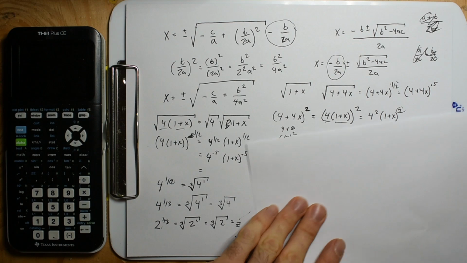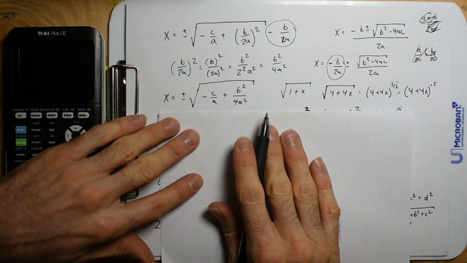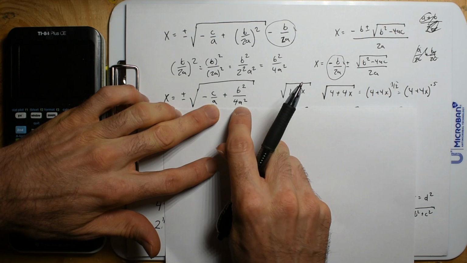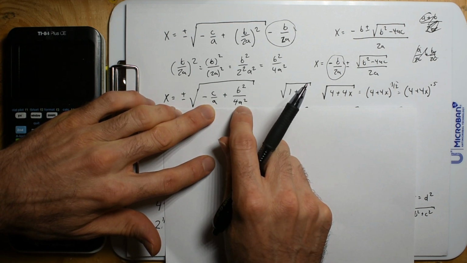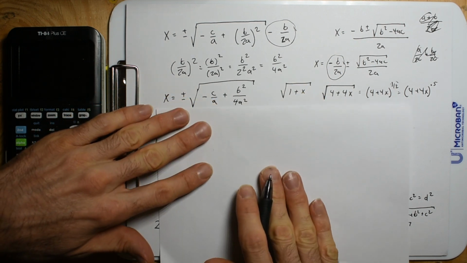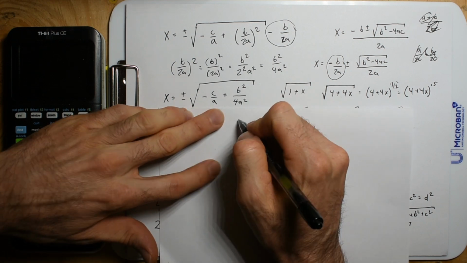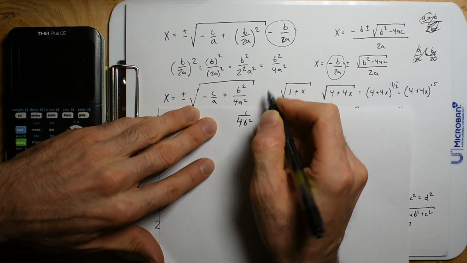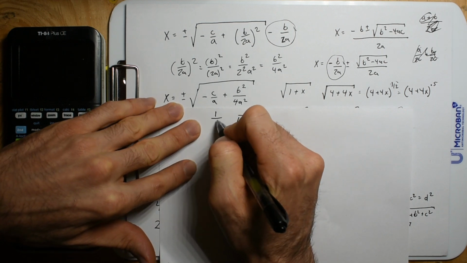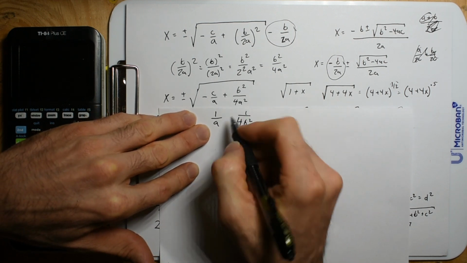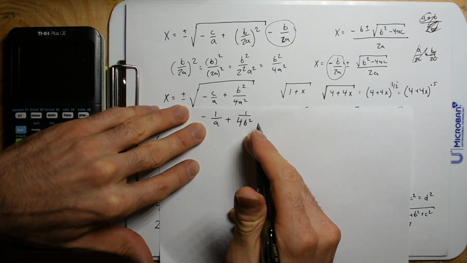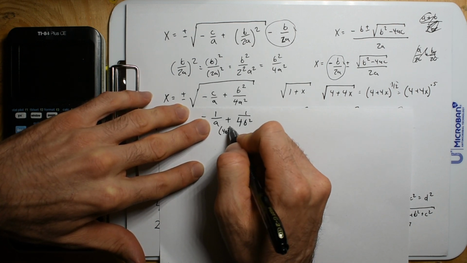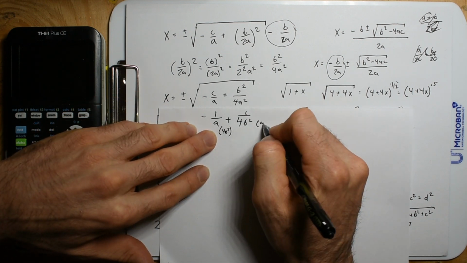Alright, let's get back to our problem. What we want to do is get the denominators the same. Let's do a different problem. If this denominator said 4b squared, like maybe 1 divided by 4b squared, and this had 1 divided by a, if I had to get the denominators the same, then I would have to multiply this side by 4b squared, and then multiply this side by a.